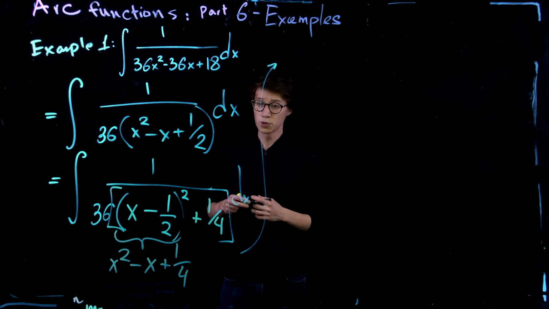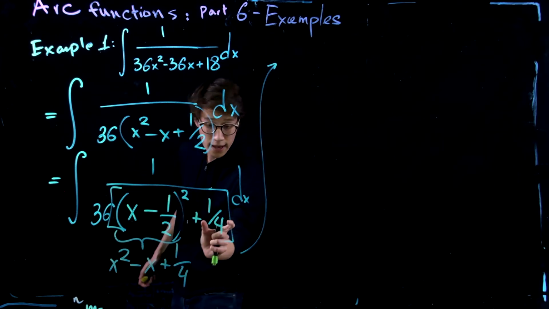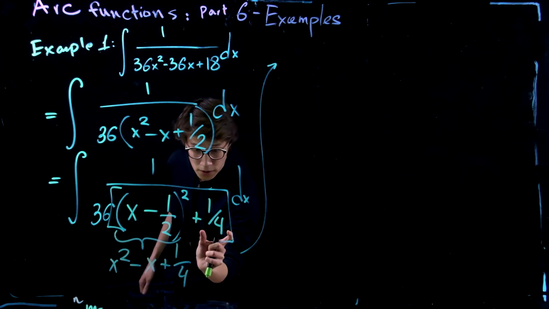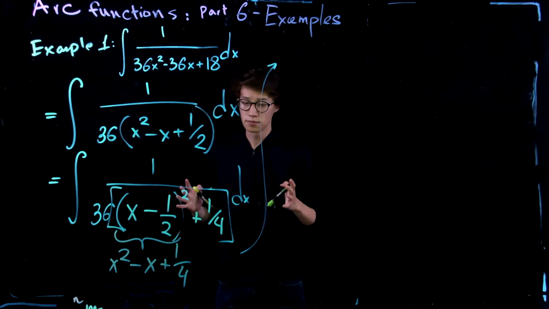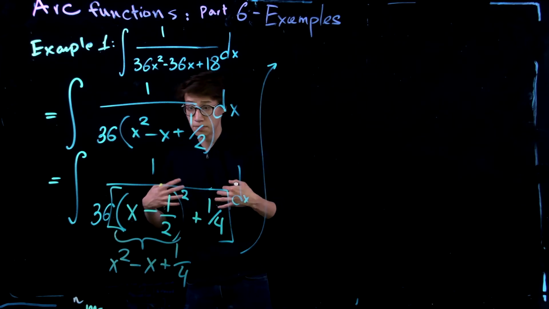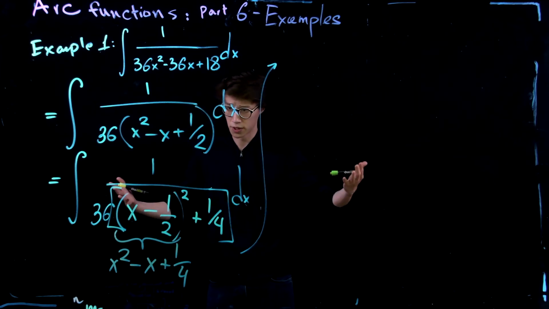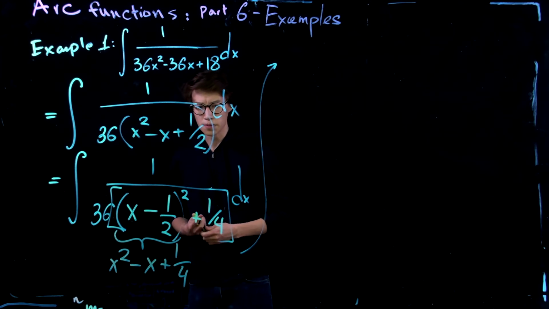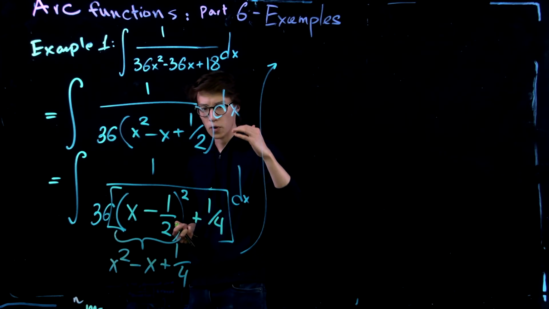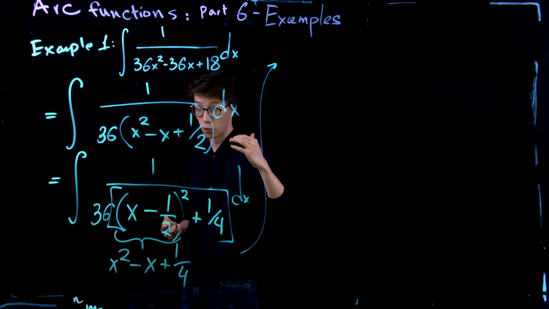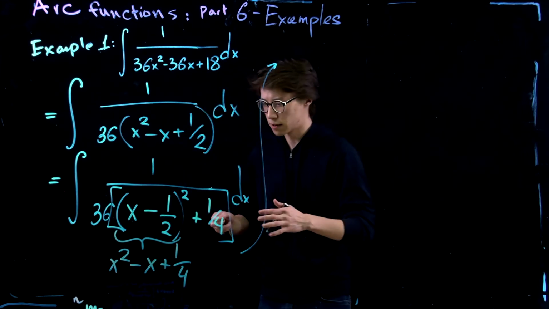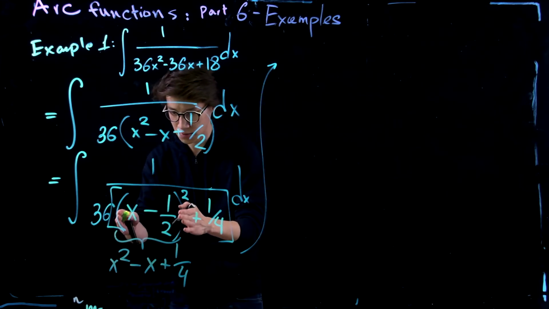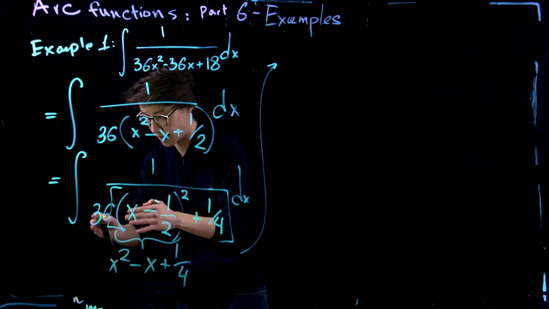The next step we want to do, we want to make the second element, exactly this element you see here, the quarter, we want to make it a 1, because that's how we complete the tangent when we do the further trig sub. To make it a 1, we have to multiply times 4. And therefore we're multiplying the first one times 4 as well, and all we have left is a 9.